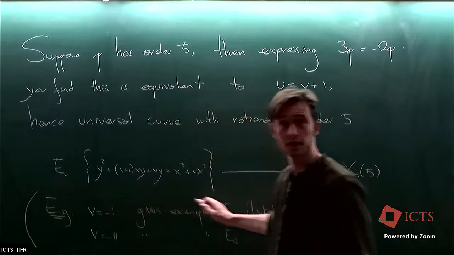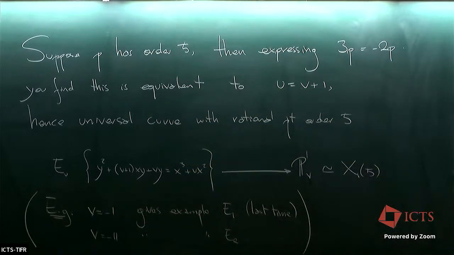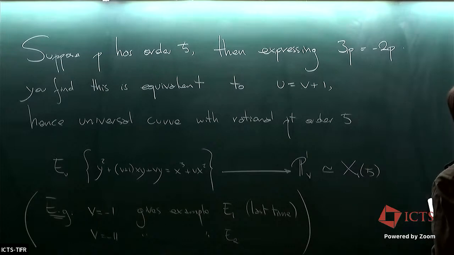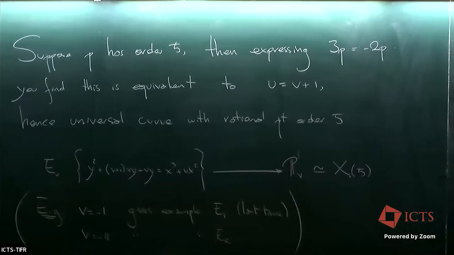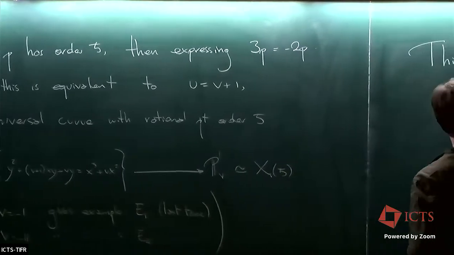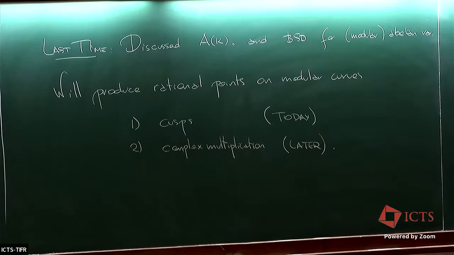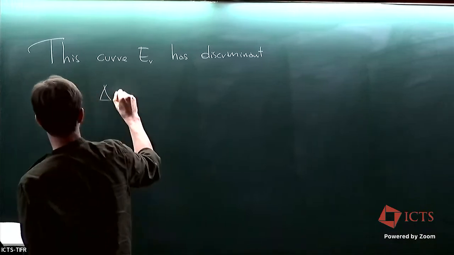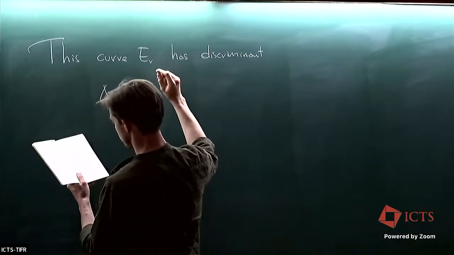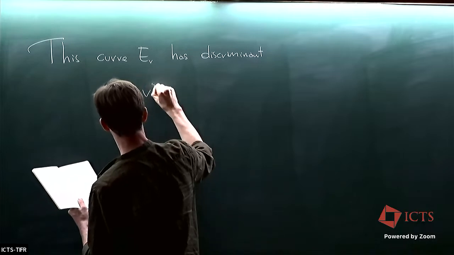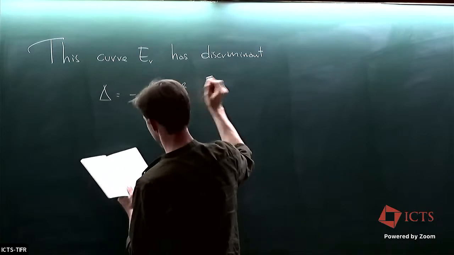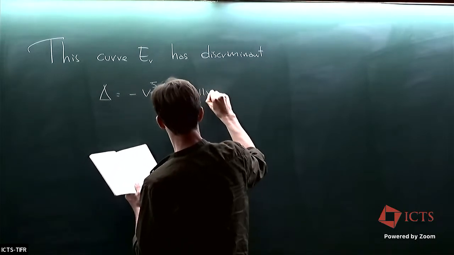There's a discriminant of this elliptic curve that had better be non-zero. And the discriminant, after all, is given by an explicit formula, and I calculated it for you. It's the following. So this universal curve, E_v, has discriminant delta, which I factorized for you to put it in this nice shape, and it is minus v to the fifth, and then I get this polynomial, which is v squared plus 11v minus 1.